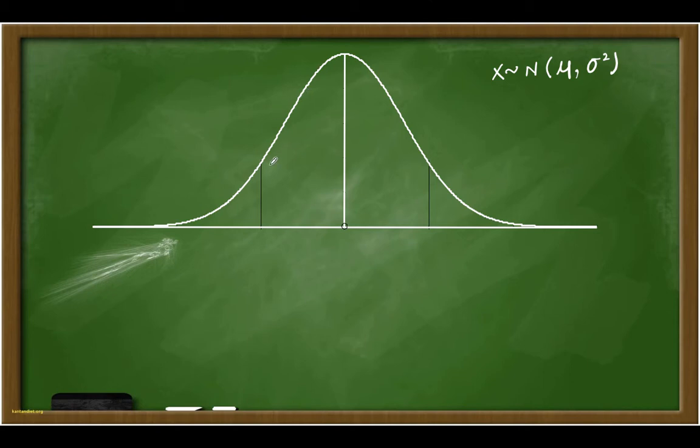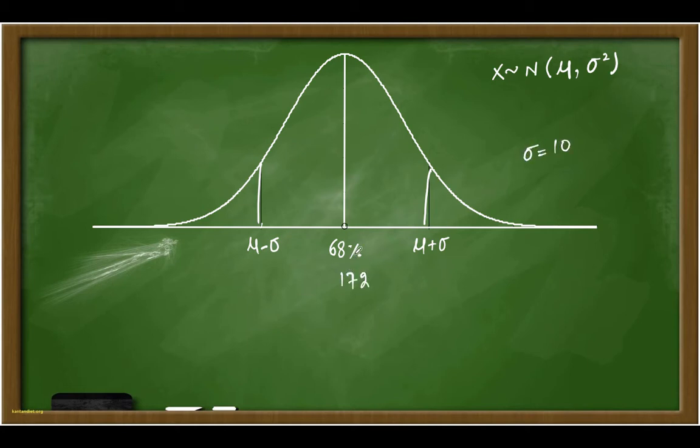The first property is that if you look at the bell-shaped curve, 68% of the data lies between the mean minus 1 standard deviation and the mean plus 1 standard deviation. Suppose the mean height of people is 172 and the standard deviation is, let's say, 10.